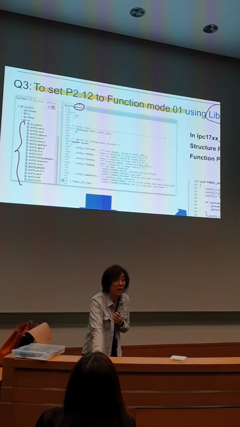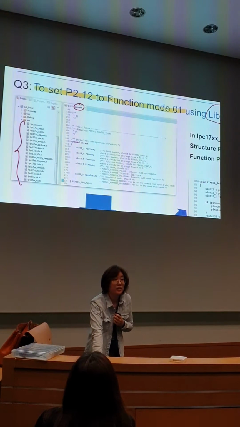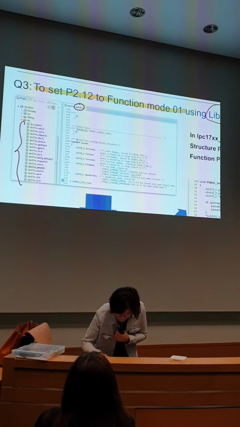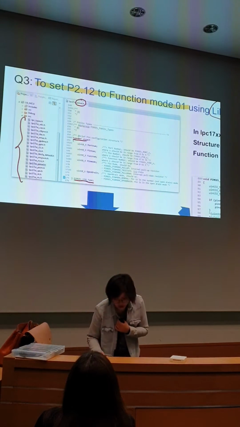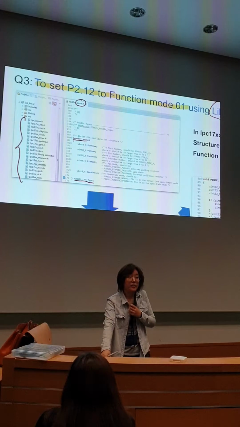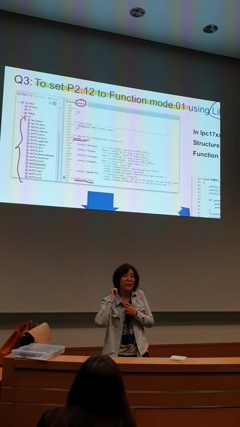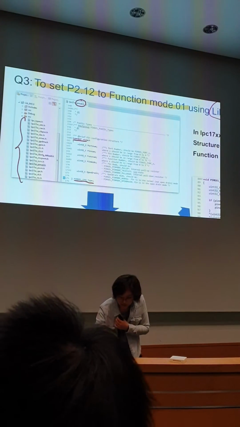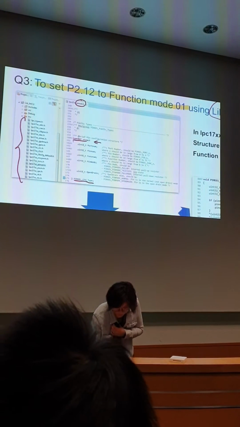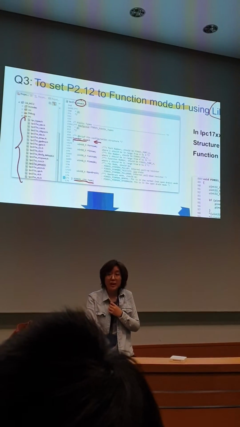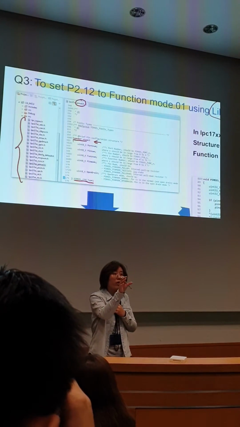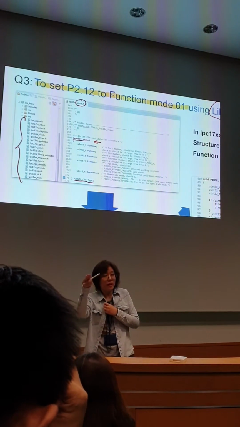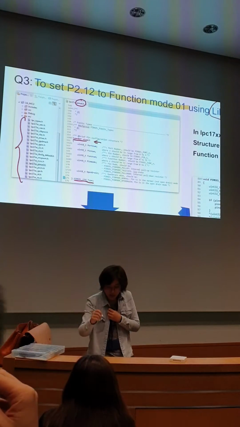There are some functions or structures provided. If you look at this header file, you have this structure defined. You can use it directly. You all know what a structure is in C programming, right? Basically, it's a variable that contains multiple different elements.